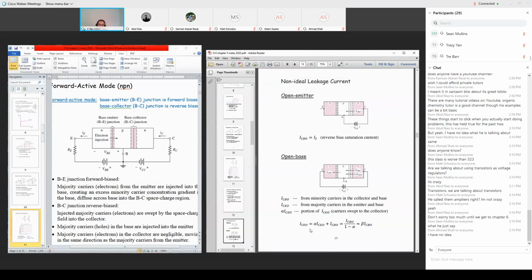That's a mathematical equation I have, and from here I can work out the solution for ICO, which is ICBO divided by 1 minus alpha. Approximately 1 minus alpha is 1 over beta, so it is beta times ICBO.